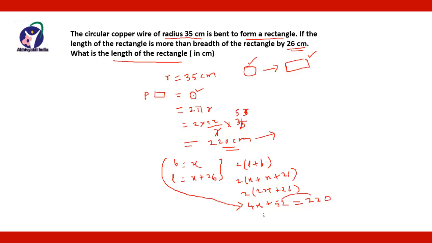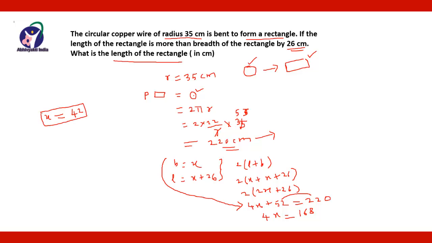So you will get 4x is equal to 220 minus 52, which is equal to 168, and therefore x is equal to 168 divided by 4, that is equal to 42, and therefore x is equal to 42.